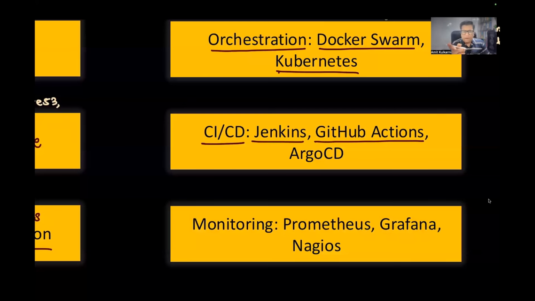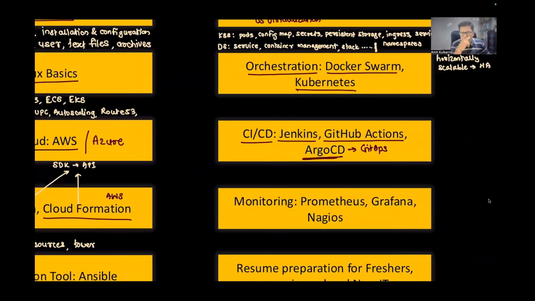Both of them are CI/CD pipeline tools, but there's another tool called Argo CD, which comes under something called GitOps. We'll talk about what GitOps is and how it works later, but this is another very important tool used when you have Kubernetes in your environment to run your application.